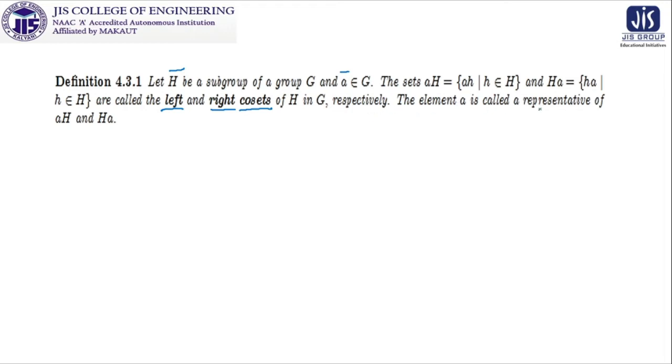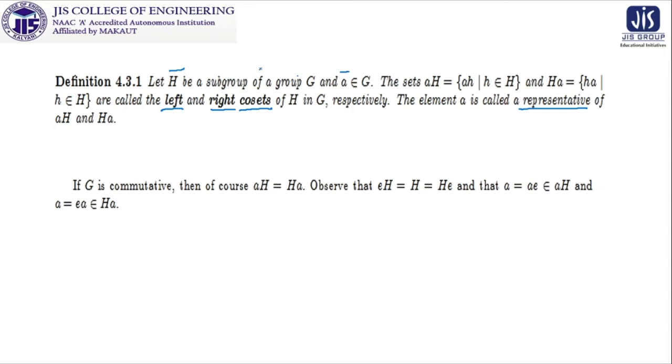The element a is called a representative of aH and Ha. Now, please concentrate. It is not that H is taken arbitrarily. H is a subgroup of group G. Keep this information in your mind for the further discussion.